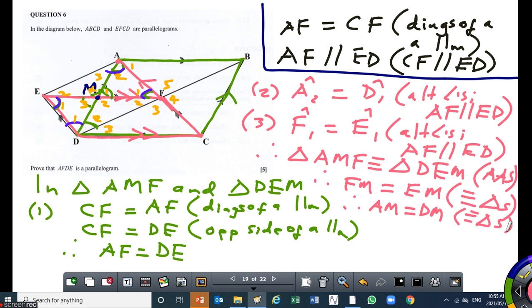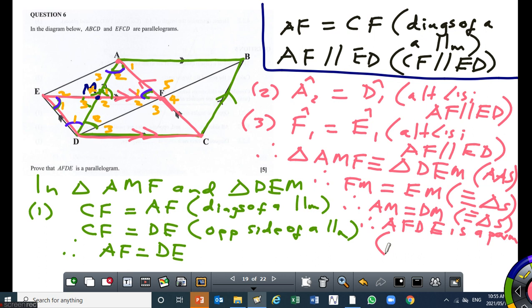Once I have this, I can now make the final point and say, therefore, AFDE is a parallelogram. Why? Then you say converse diagonals of a parallelogram.